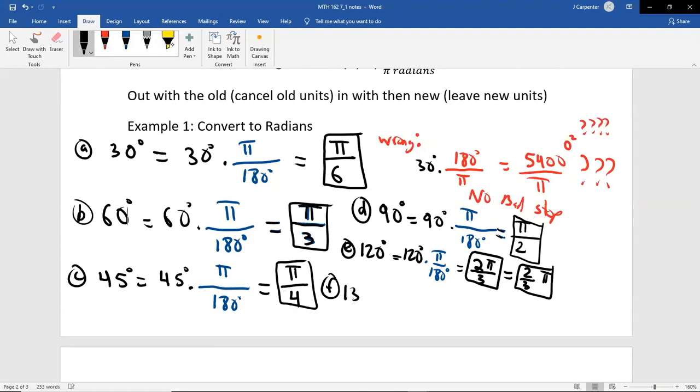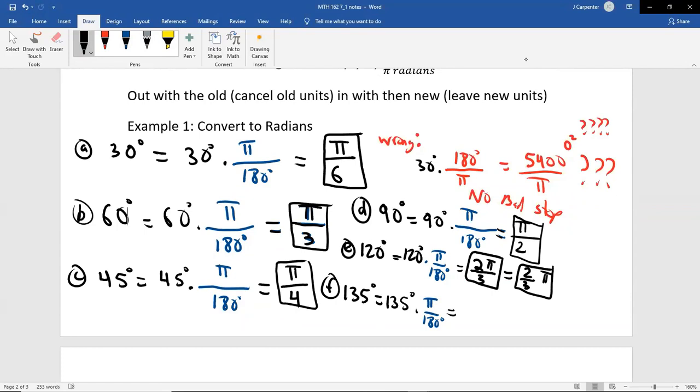F, last one for this example, 135 degrees. So we're going to multiply by pi over 180 degrees. The degree units cancel. Let's see, 45 is going to go into both of these. And you can reduce them slower, but I do suggest trying to reduce them with as big of a number as possible.